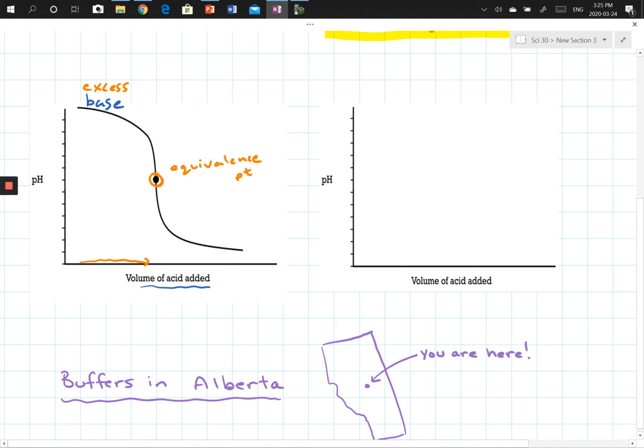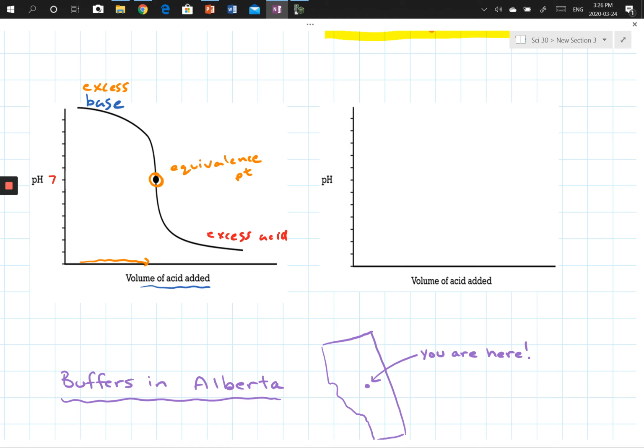Now, any acid I add after that point is going to be excess acid, and this is going to result in a drop in pH. So if this is the soil in your ecosystem, or let's say you're a farmer, that's not a good thing.